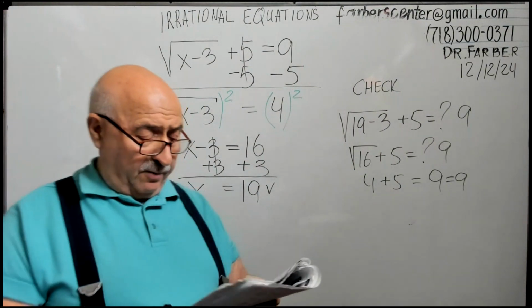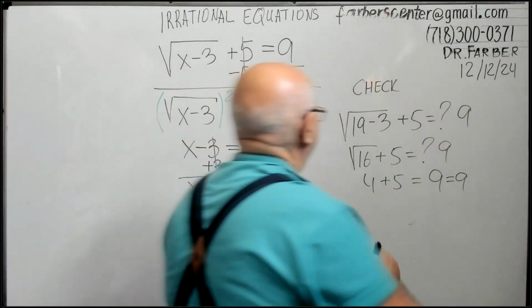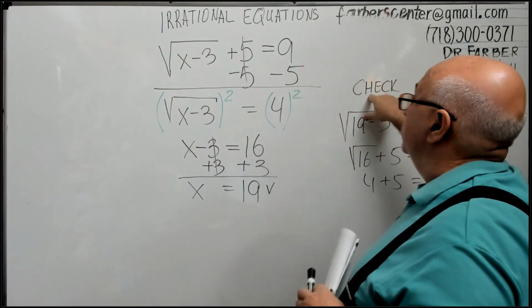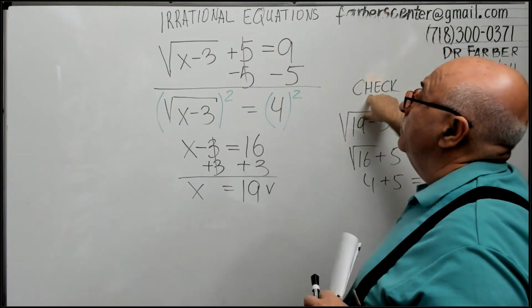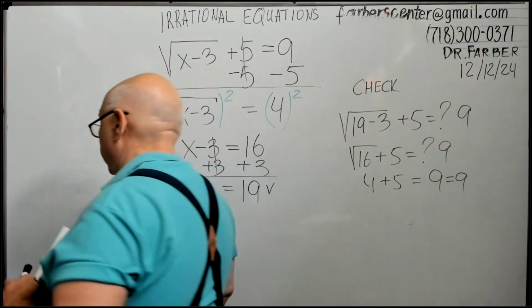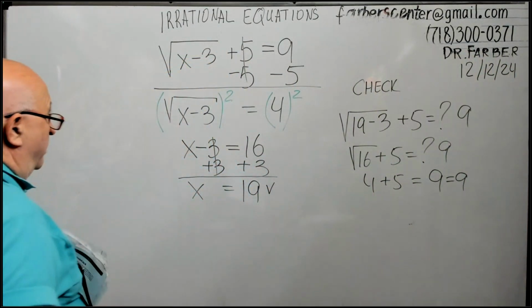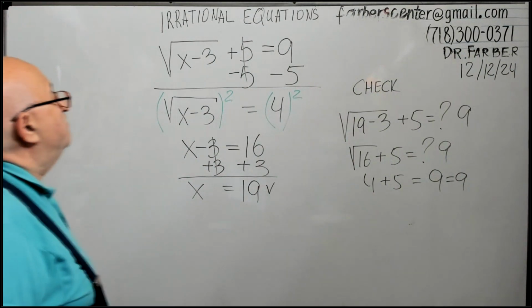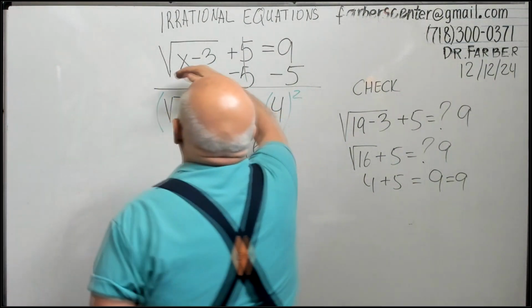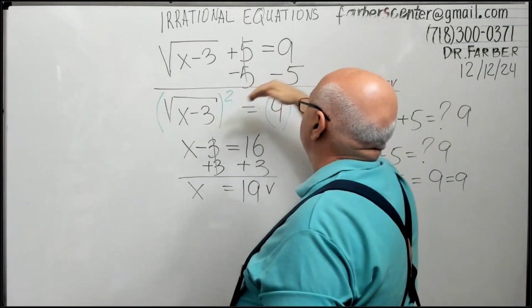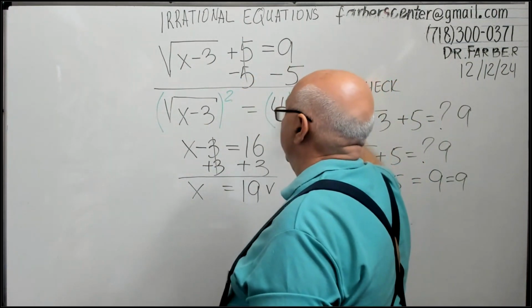I will solve another one with you. After that, you practice. Keep in mind, checking an irrational equation is a must. For previous ones, whatever we did, it's a good idea if you check. But in this situation, you have to check. Why? Because what happens? Look at this. We had the original equation. When I took 2 parts to the second power, I got another equation.